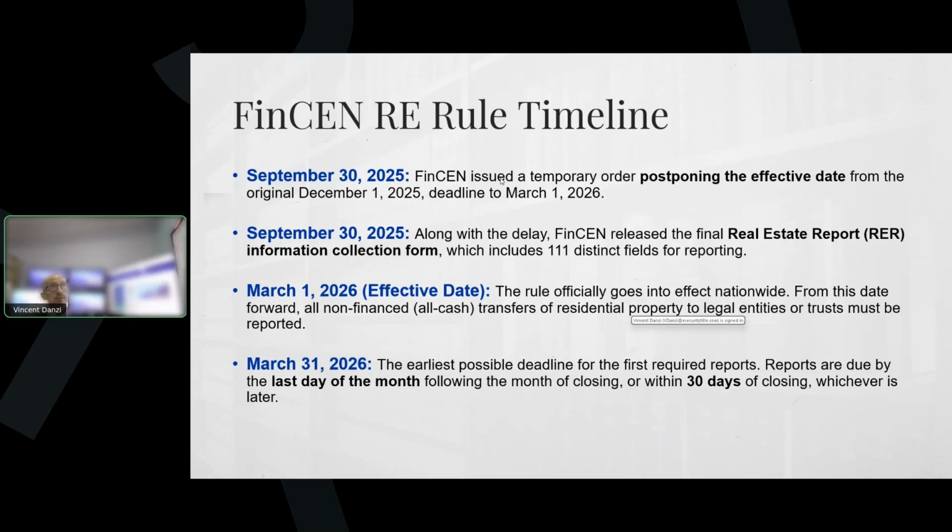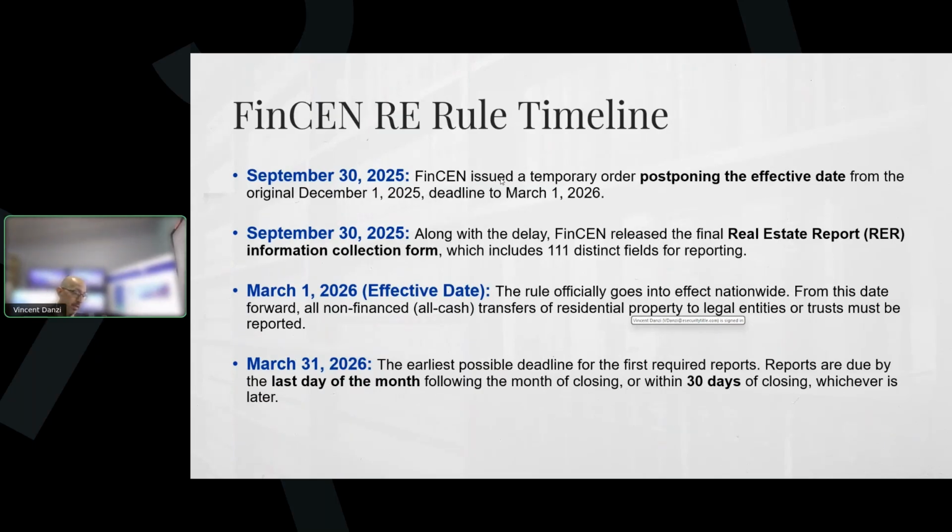So the first residential real estate reports will be due actually by the end of February. I'm sorry, by the end of April, because actually I shouldn't say that. Actually, March 31st would be the first effective day.